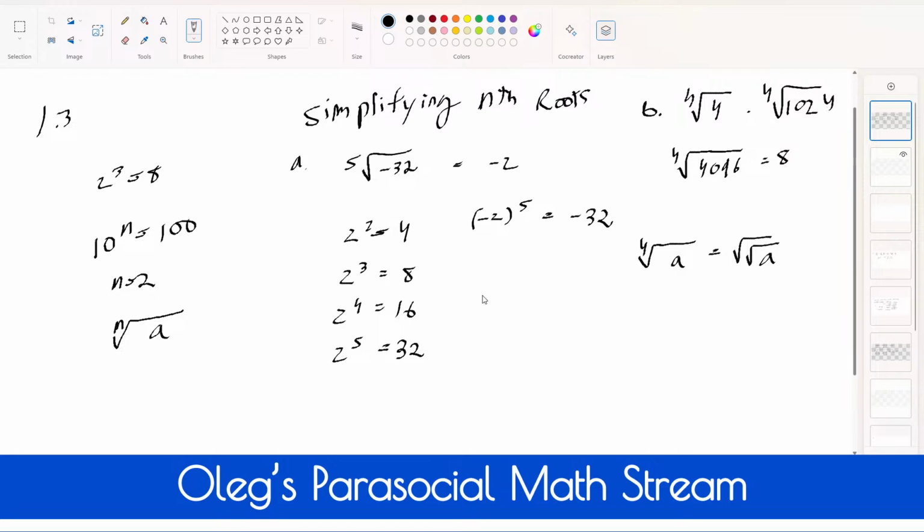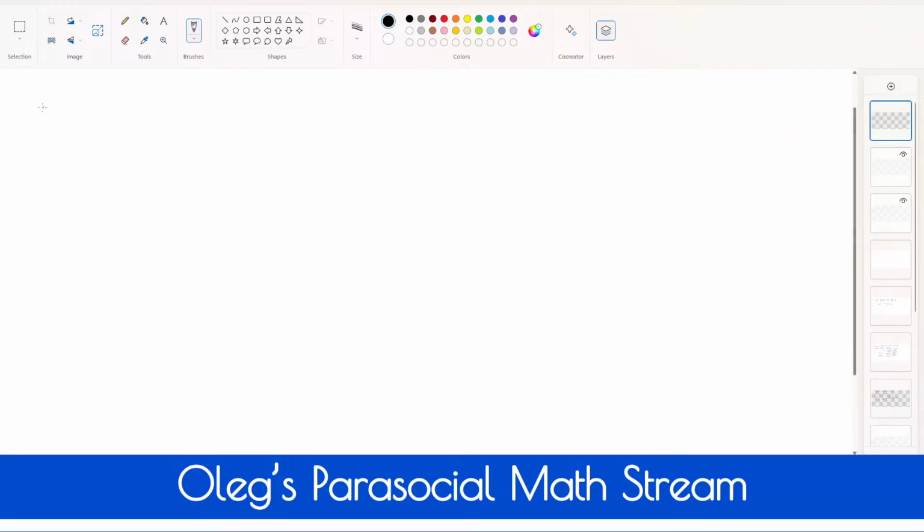Now, let's go next. Okay, this stuff's getting complicated. Here we go. These are the examples we're looking at right now. The bottom one is clearly 5. 5 times 5 is 25, times 5 is 125.